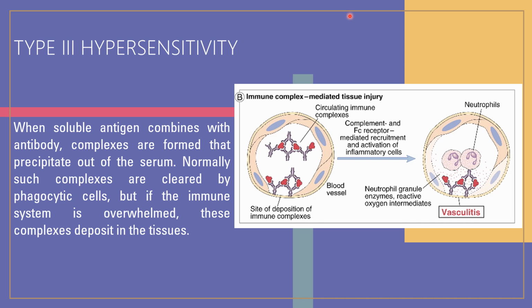So the small complexes will cause precipitation, and the precipitating complex can deposit on some tissues. So in this example, there are circulating immune complexes, and the immune complexes will deposit on the blood vessel.